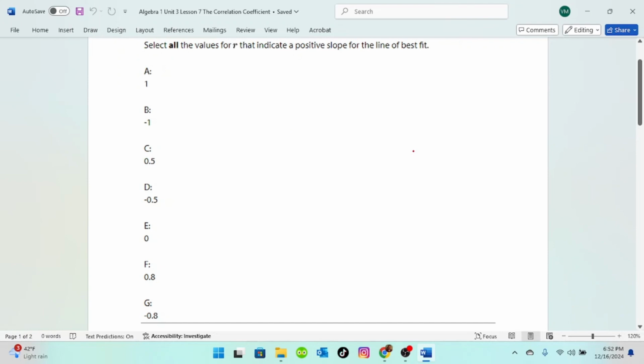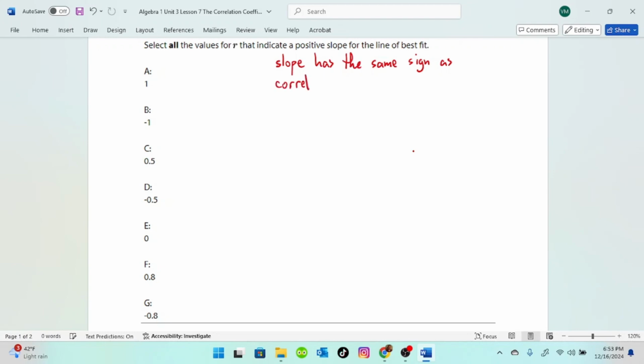So now we can begin on the Unit 3, Lesson 7 practice problems. On the first one, it says select all the values for R that indicate a positive slope for the line of best fit. So slope has the same sign as correlation coefficient.